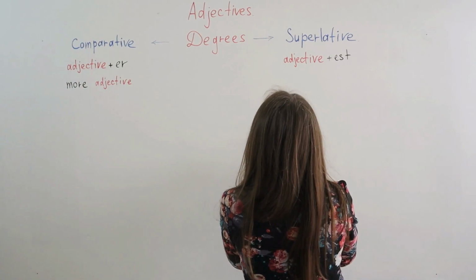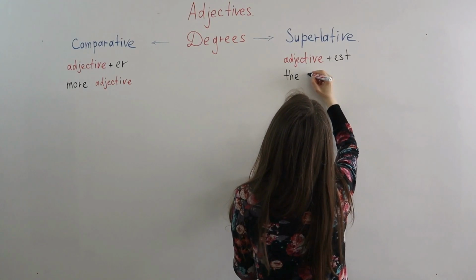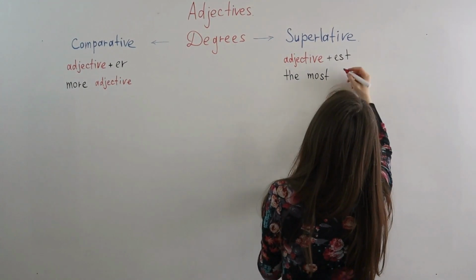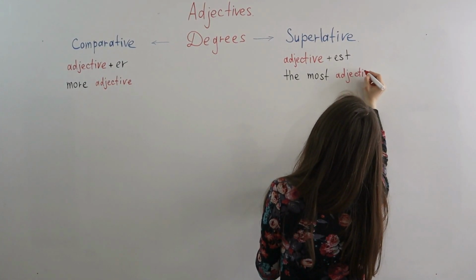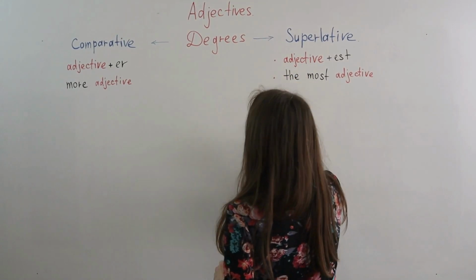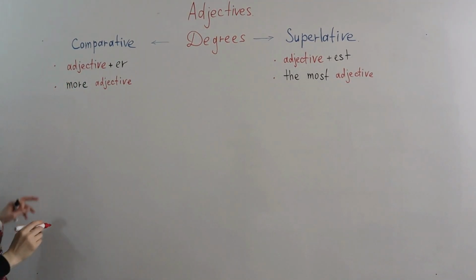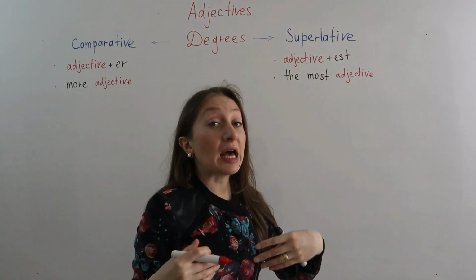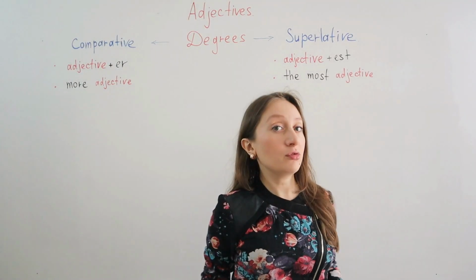So we will start with the word the most, and our adjective, right? So you can have this type or this type, but I want to tell you that these types of adjectives are regular. Plus, we will have irregular adjectives. I will talk about them later, not to confuse you.